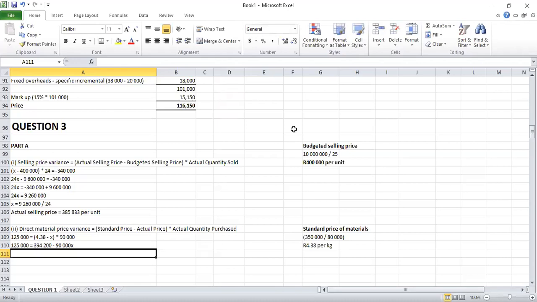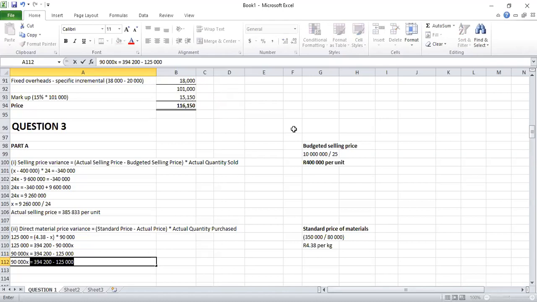Normally, if you just put your equation, then that will be fine. Thank you. Right. Then you would have 90,000 X would be equal to 394,200 minus 125,000. So then 90,000 X would be equal to what?